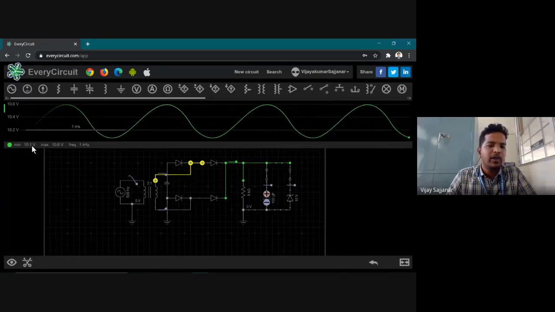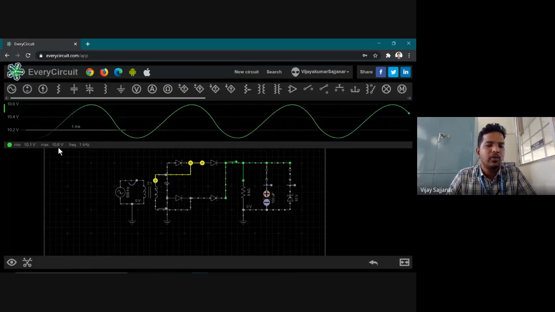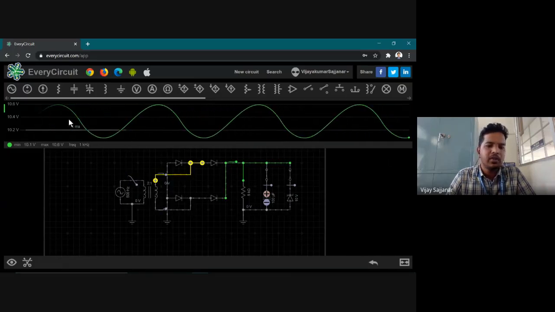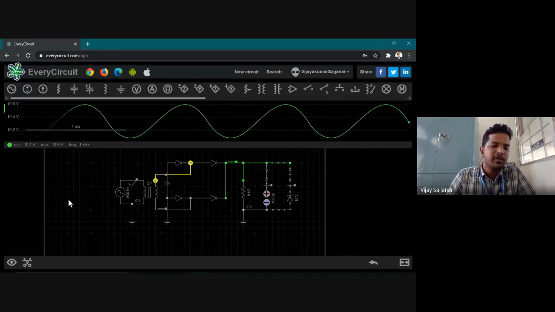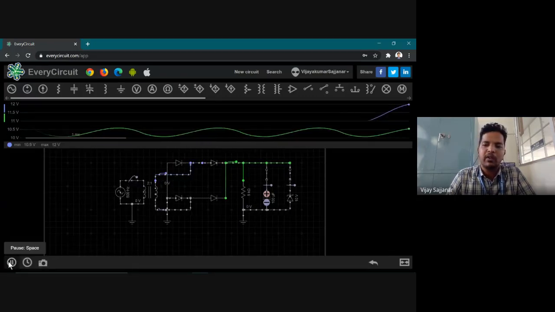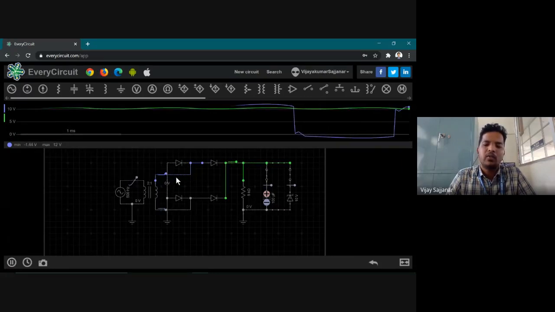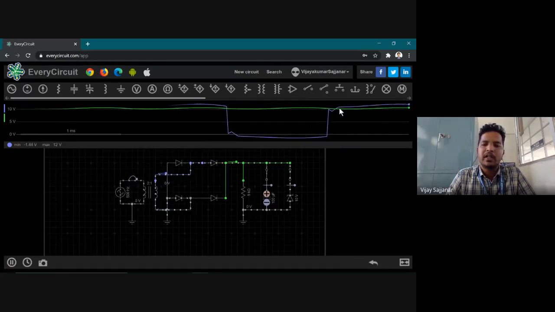So we are getting a voltage of 10.1 to 10.6. The ripples are there, but because it is a practical circuit, these many ripples are admissible compared to the high wave here. When we analyze with a 20 volt signal, this is flat enough. Okay?